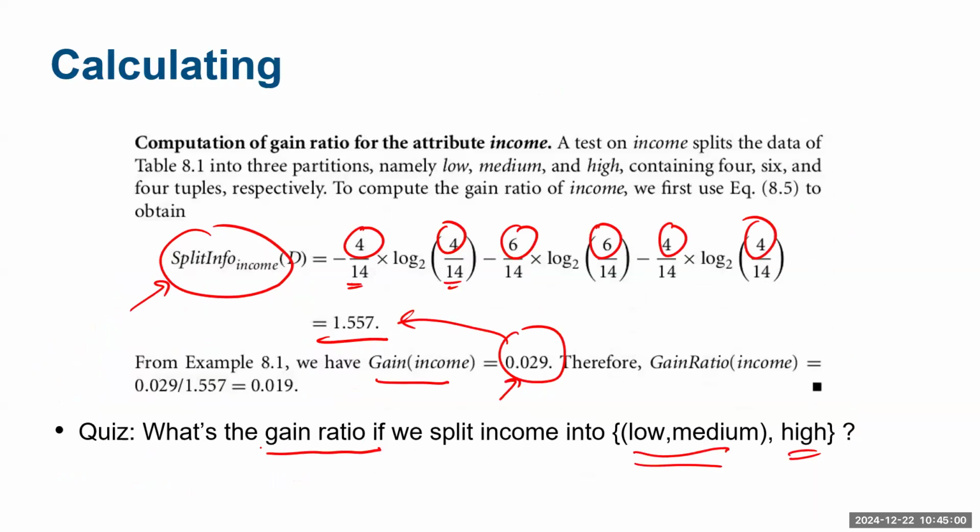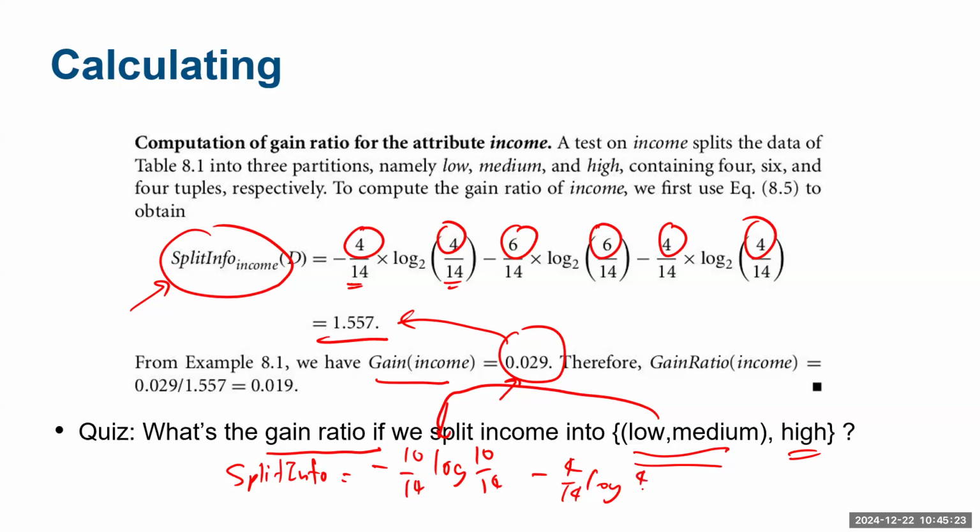So the split info would be minus 10/14 times log 10/14, which is the low and medium, and then minus 4/14 times log 4/14, which is the high. And so you have a different split info.